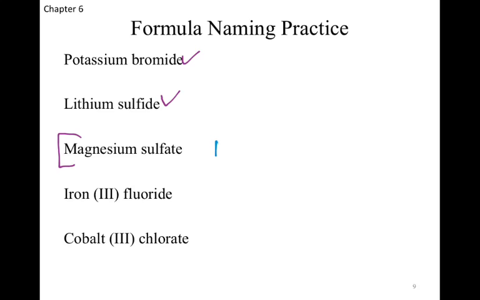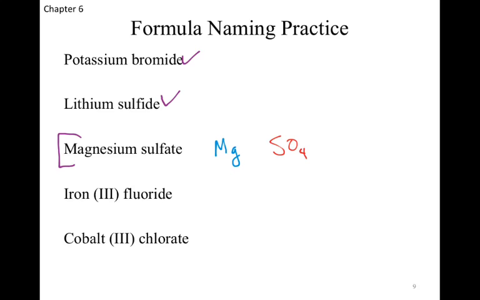Magnesium, which is Mg. Sulfate, you guys got that one memorized yet? I mean, that was only 30 seconds ago, right? You should be able to do that. Sulfate was SO4. Okay, remember, 1 big unit. So SO4. Now what we've got to decide is how many of each of these showed up.